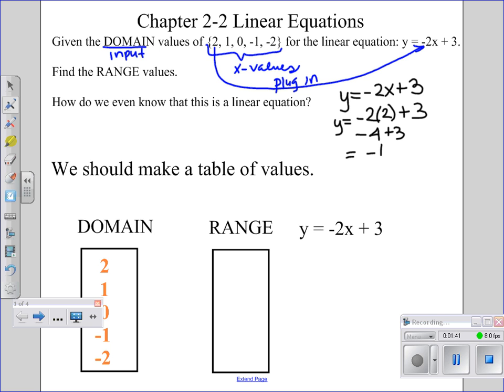We end up with -1. We do it again, same process, but for 1, -2 plus 3, and we end up with 1.